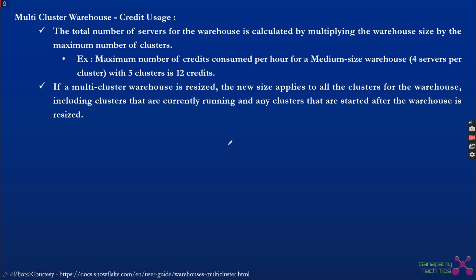So depending on the number of clusters, it is multiplied by the number of clusters. In a simple example, the medium size cluster, as we already discussed and if you check the previous slide, will consume around 4 credits per hour. So if you are running it with 3 clusters for 1 hour, it will consume around 12 credits. That's how it is defined.